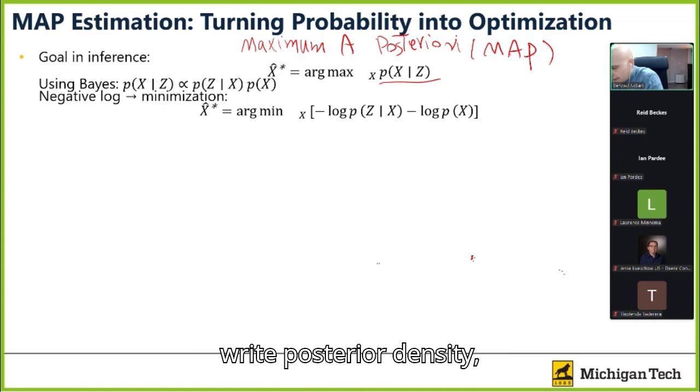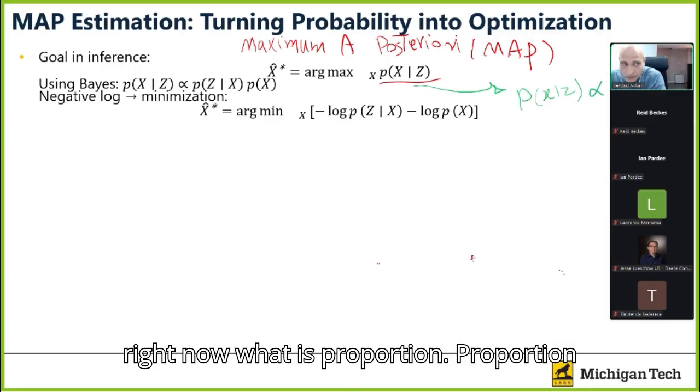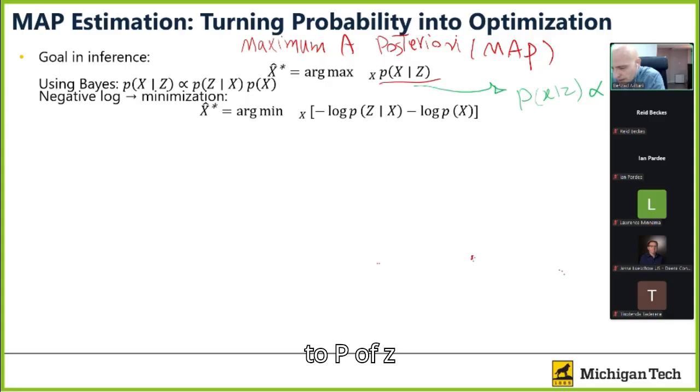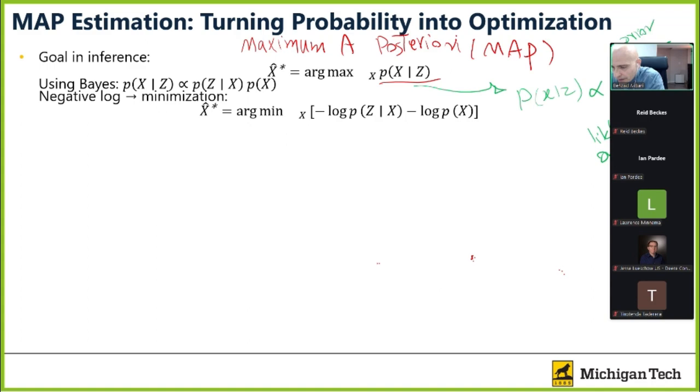You can write the posterior density, P of x given z, as proportional to P of z given x, that is the likelihood of measurements, and P of x, that is the prior information about x.